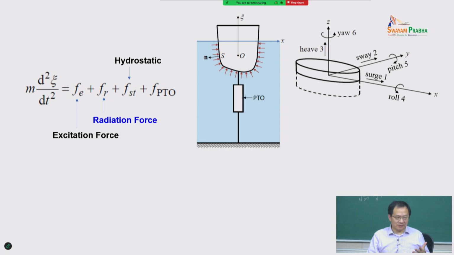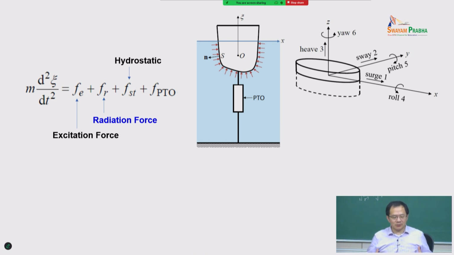One is the excitation force: if you have a wave, there is a force, and we are going to explain what the excitation force is. And there is a radiation force. As I mentioned, when the buoy moves up and down, there is some radiation effect.